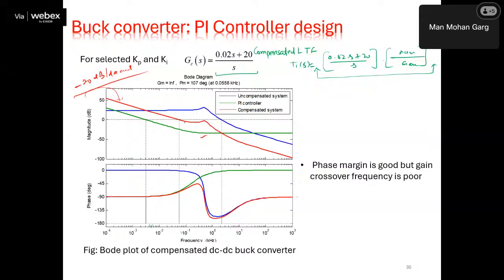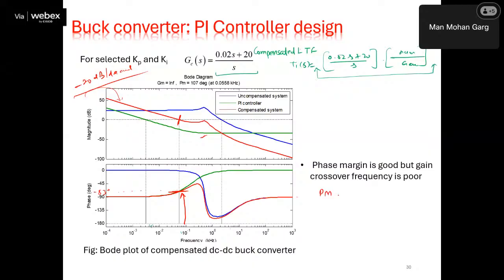Now, what about the phase margin? This is the point at which the gain curve is cut, and that decides the phase margin. At this point, the system has about minus 73 degrees of phase.